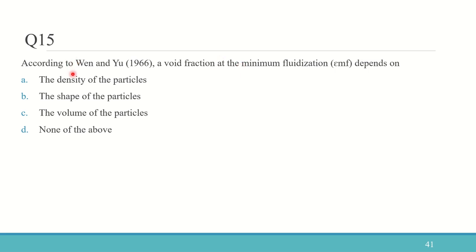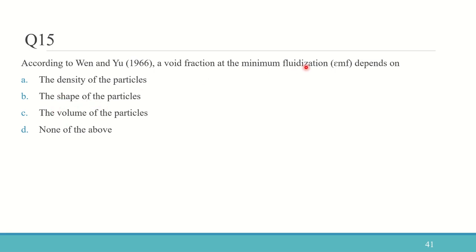So according to Wen and Yu 1966, the void fraction at minimum fluidization depends on phi s. What is phi s? Phi s is the sphericity of the particles, so sphericity denotes the shape of the particles. So option A, density of the particles, is false. Option B, shape of the particles, is true. And option C, volume of the particles, is again false.